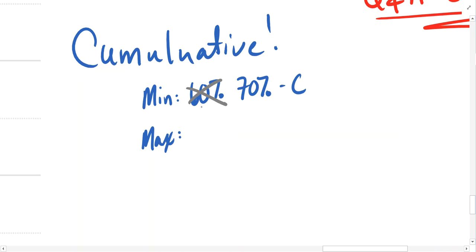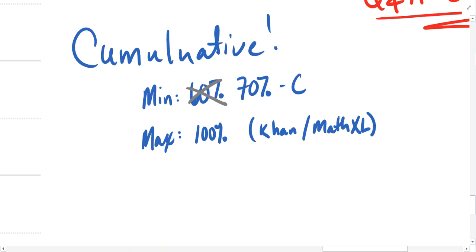Now, your maximum score, because of the cumulative scoring process, is of course a 100%, and that would indicate full completion of all Khan Academy assignments and full completion of all Math Excel. Now, there is an extra Math Excel assignment out there, that test review that was made optional.